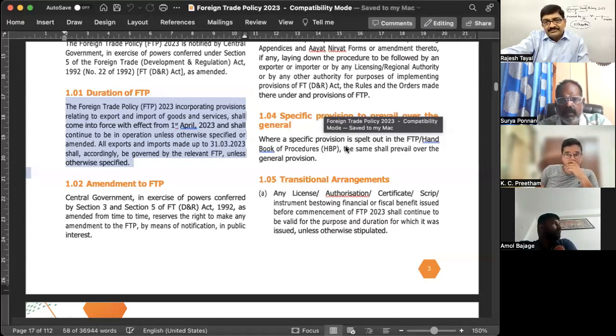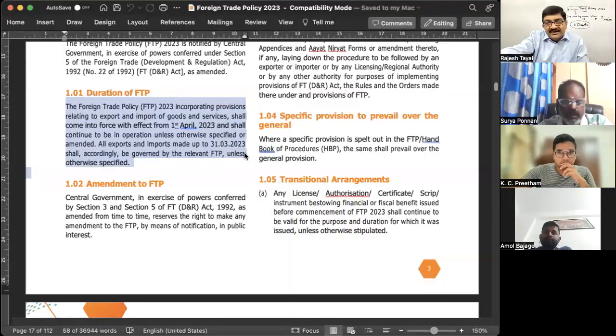Indian Penal Code. Negotiable Instruments Act 1881, Contract Act 1872, Penal Code 1860. Right. The same way, this is going to be there until it is completely replaced by the new policy.